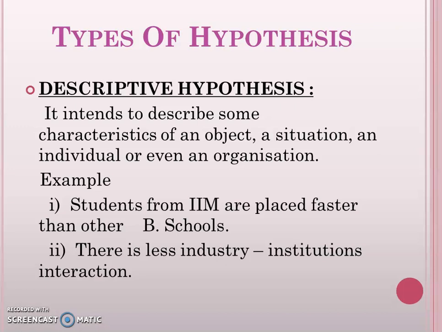This is something related to the education system prevailing in our country. That means our institutions are not providing what the industry needs. So this is trying to describe the scenario. Descriptive hypotheses are used for the descriptive analysis of a particular situation.